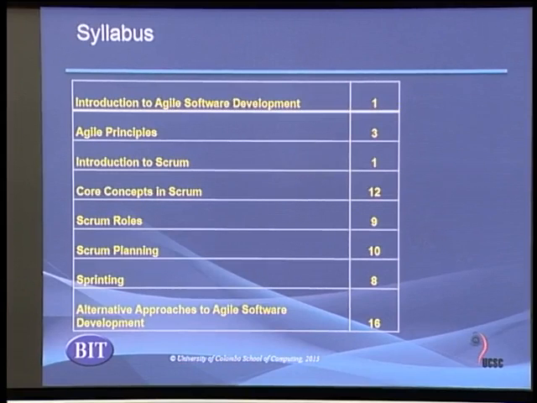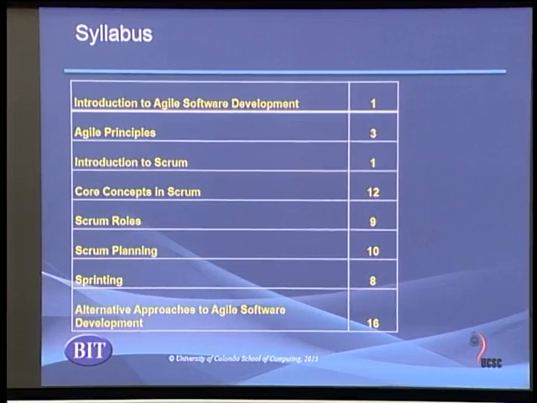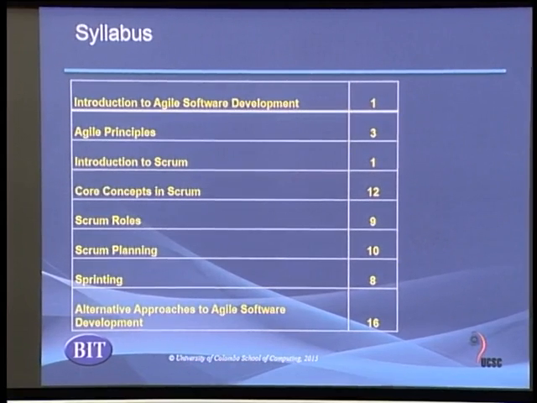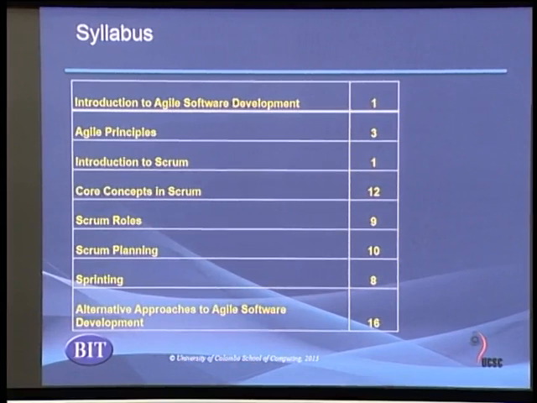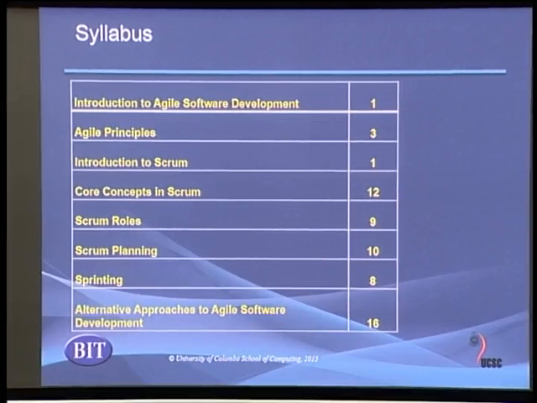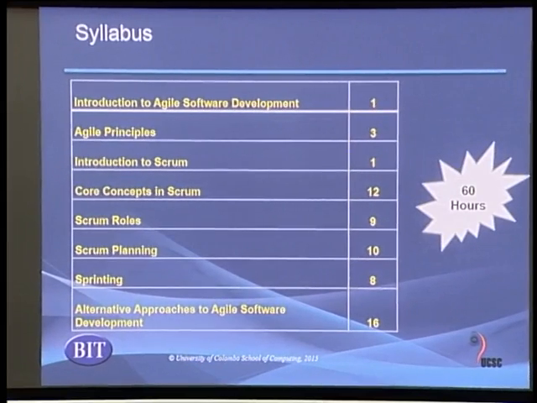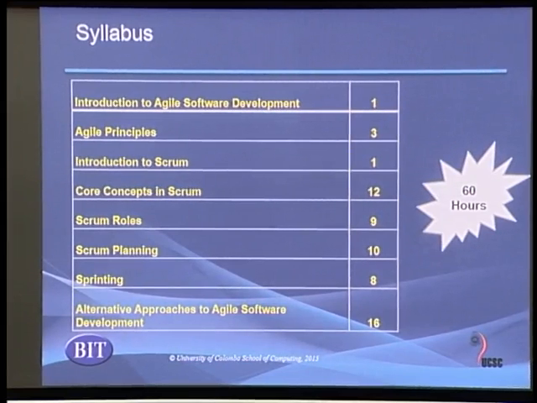And then agile principles, and we will be talking about Scrum, the core concepts of Scrum, the Scrum roles, planning of it, and something called sprinting. And finally, we will be discussing a new section on alternative approaches to agile software development. So, altogether you have to spend at least 60 hours learning this module.